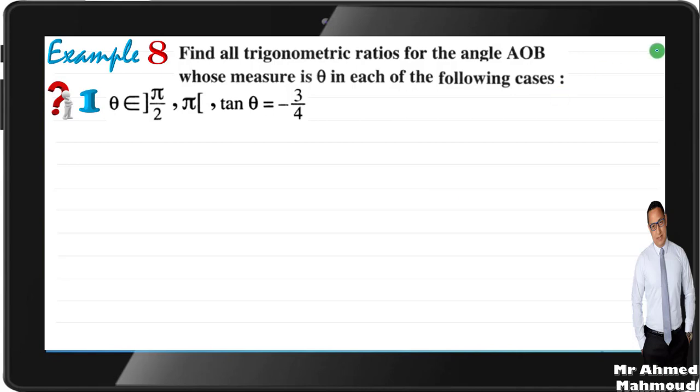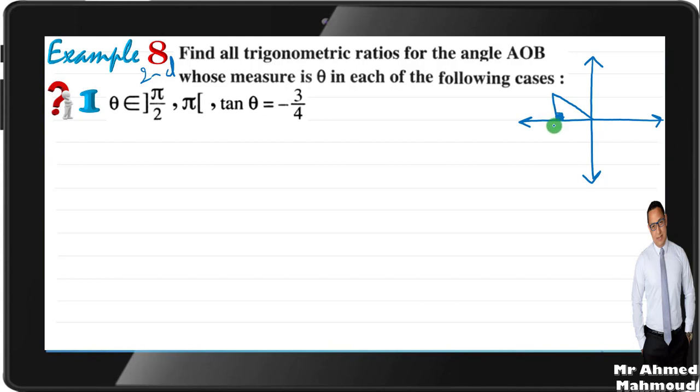It will be like this. You are going to draw the two axes, x-axis and y-axis. Here, pi over 2 to pi is the second quadrant. In the second quadrant, I'm going to draw a right angle triangle like this.